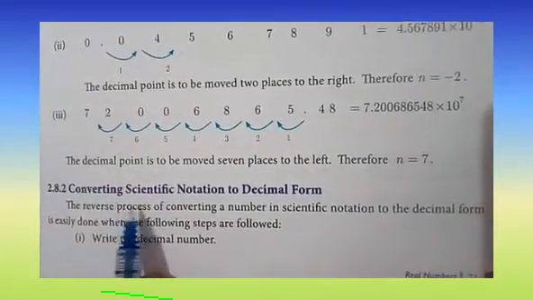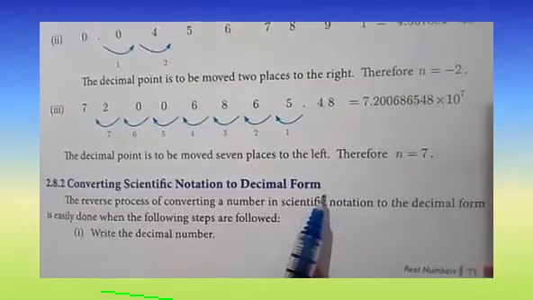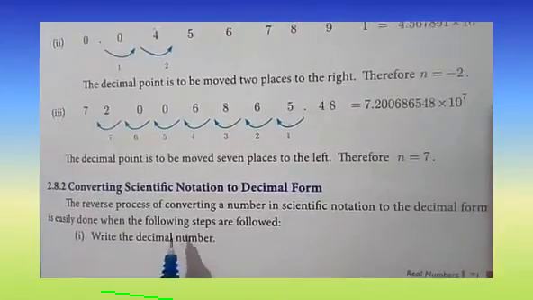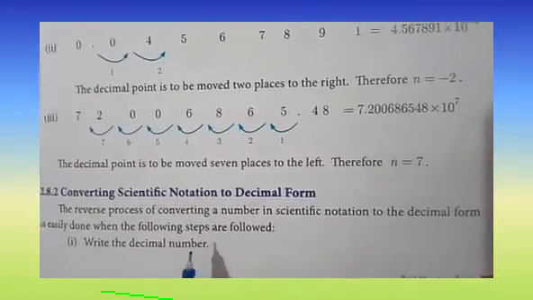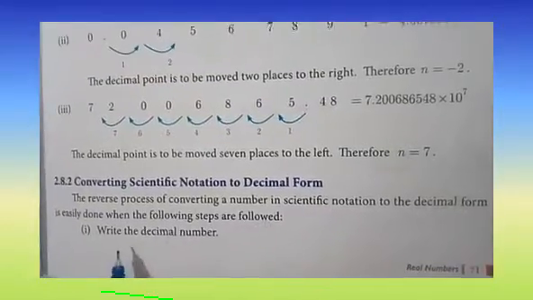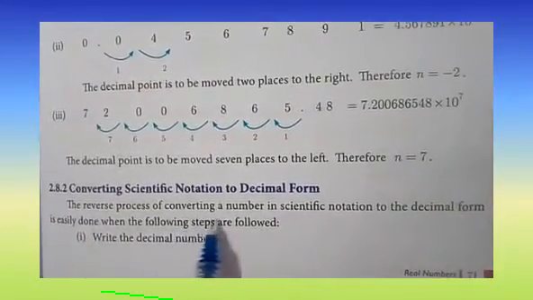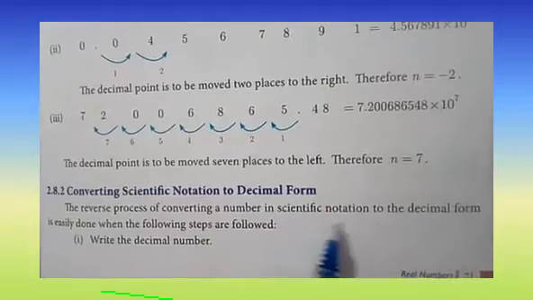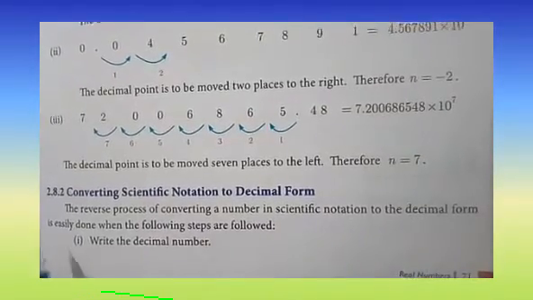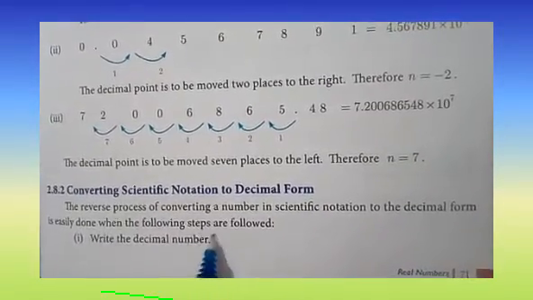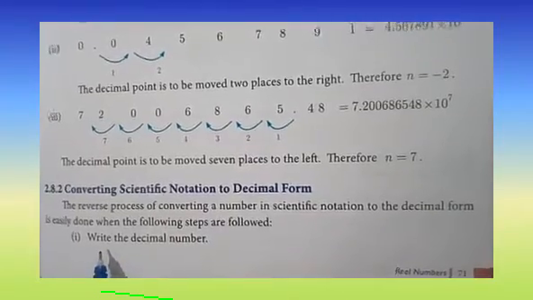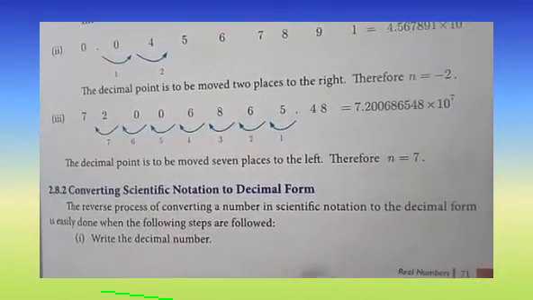Students, the second method: converting scientific notation to decimal form. The reverse process of converting a decimal number into scientific notation is easily done when the following steps are followed. First step, write the decimal number.